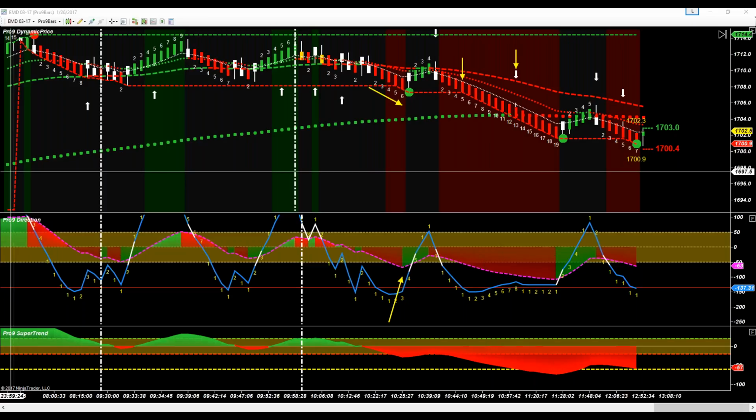But I know we like to have extra confirmation from our other indicators because it gives us extra confidence that the trade we're entering has a higher likelihood of succeeding. So we don't want to use any single indicator as an entry point because I just don't think there's enough information there.